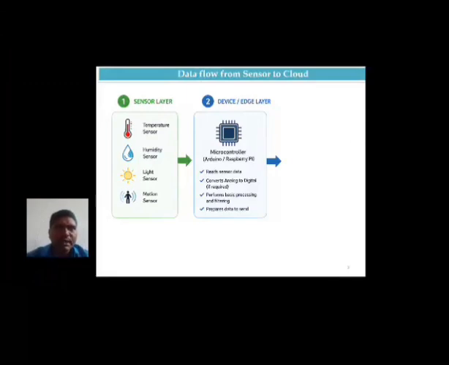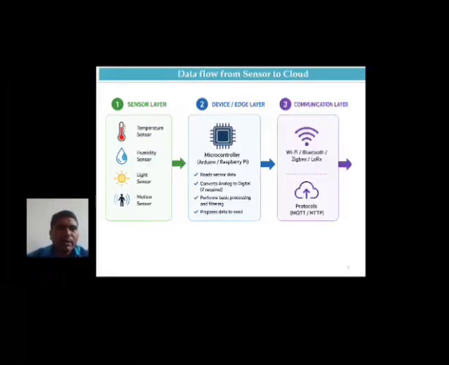This device reads the sensor data, then converts analog signals to digital form. Finally, it performs basic processing. For example, it converts voltage into temperature in degrees Celsius. So this layer acts as a bridge between sensor and communication systems.